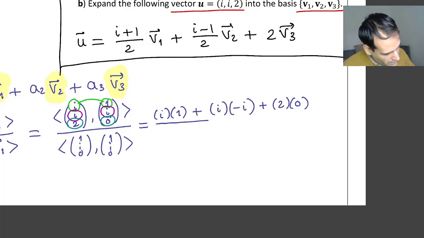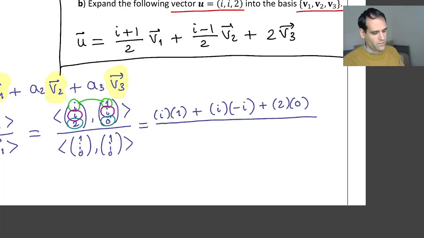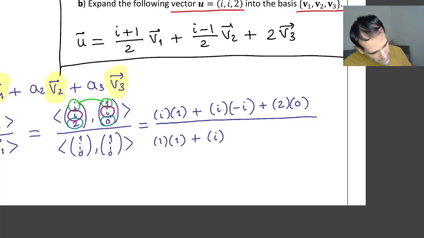And this we divide by the inner product of the vector with itself, which we already did in the previous question, but just to reinforce, this is 1 times 1 complex conjugate, which is simply 1, plus i times i complex conjugate, which is minus i, plus 0 times 0.